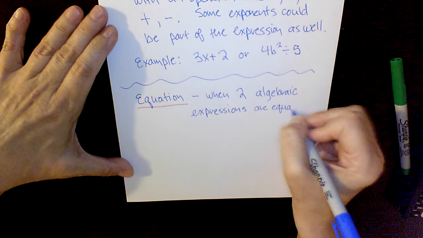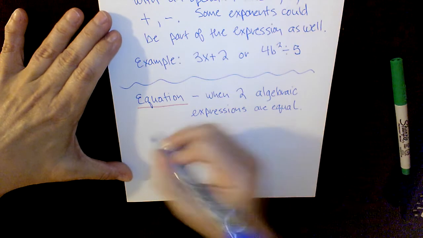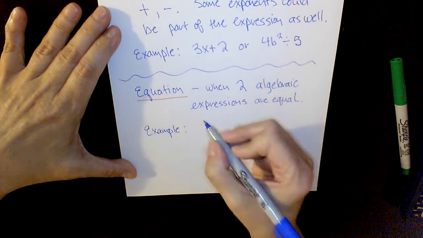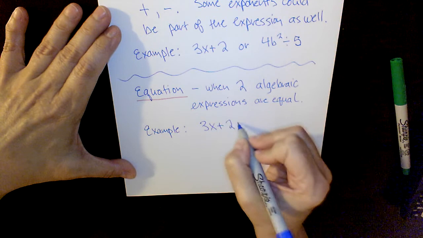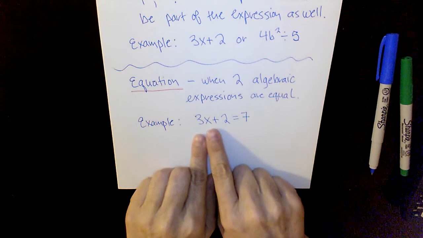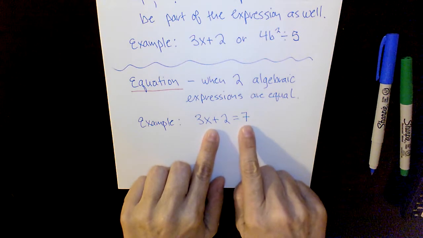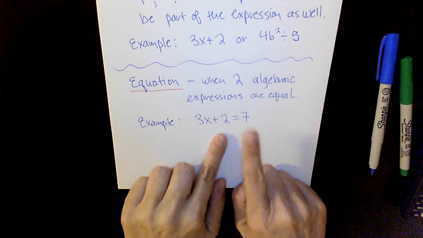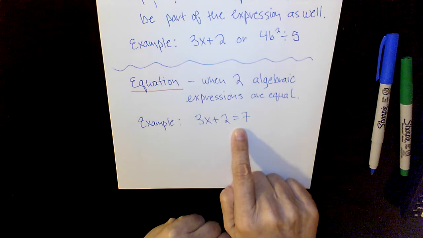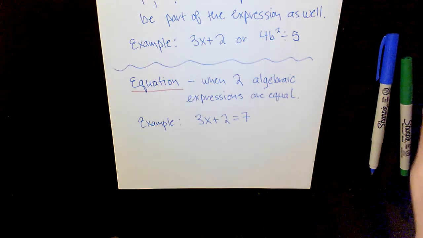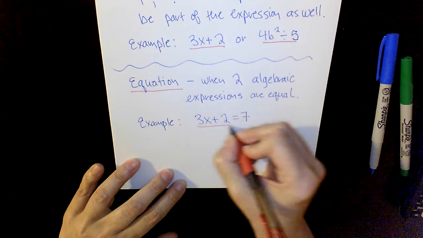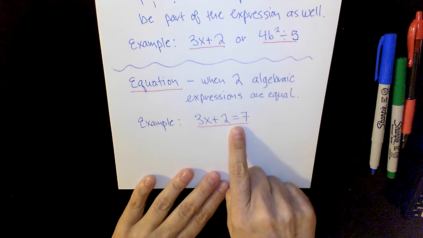So it'll have an equal sign. So let me get an example of that. So let's say 3x plus 2 equals 7. So I've got an algebraic expression on this side, I've got an algebraic expression on this side, and they're equal between them. That means both sides are equal to each other. So this is an equation. So these are algebraic expressions, and you know right away that this is an equation because of the equal sign.